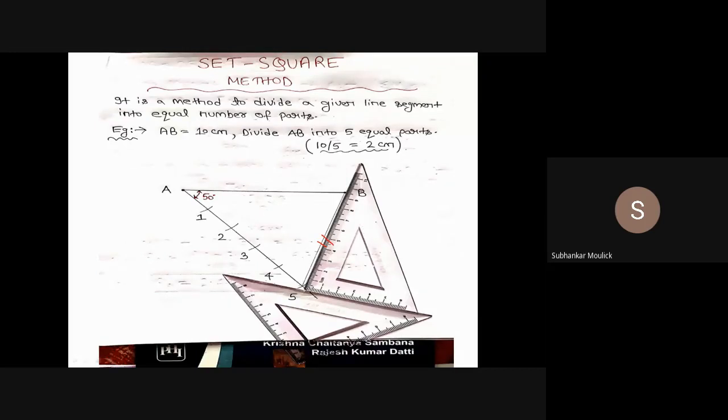That means my top set square will slide on the longest side of my bottom set square. So after a certain interval of time, if you slide this set square along this direction, and when the perpendicular end comes at arc point number 4, then the alignment of the set square will look exactly like this. This is the position of the set square.